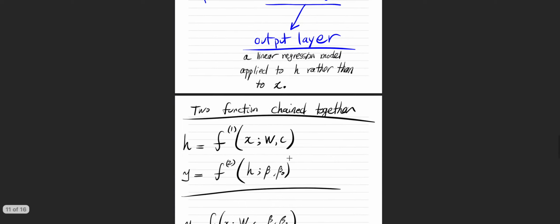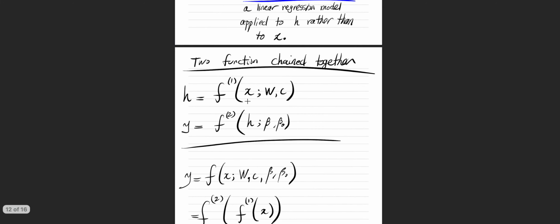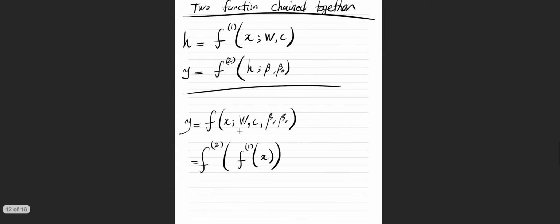So we have two functions chained together: one takes x and the weights and gives us h, and then h goes through the second function and we get the response. The second function is linear, but if we want to show it, we essentially have one function inside the other, so we have two chained functions.